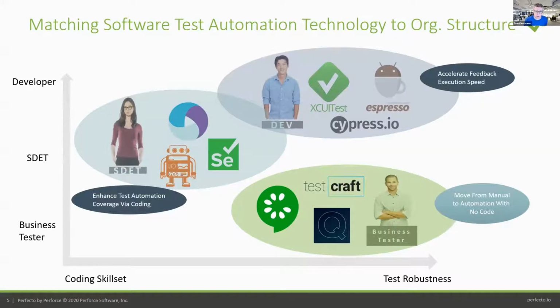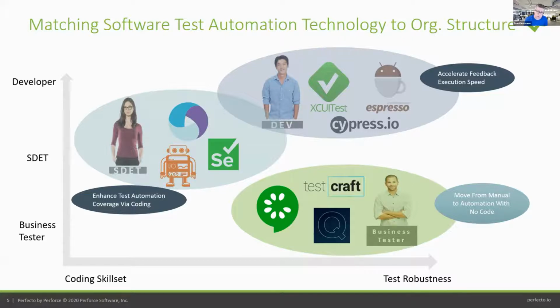So when we talk about the market or the landscape, you need to understand also who is using what and why. So obviously the market is divided into these 3 famous personas of developers, SDETs, and business testers, but they use technology to accomplish a specific given task. Developers care about fast feedback, acceleration of their code changes, and they can do it by using fast frameworks.